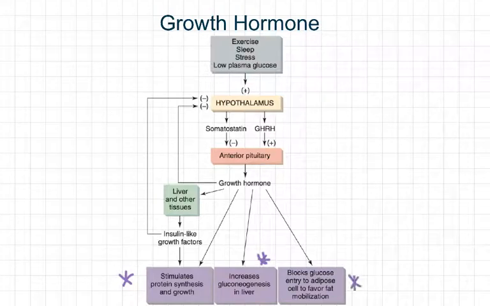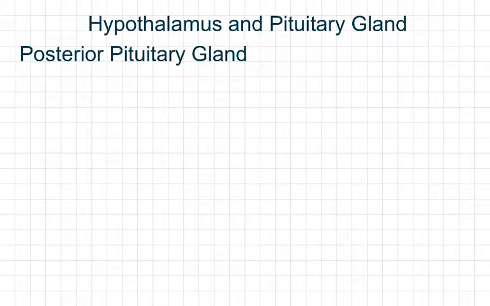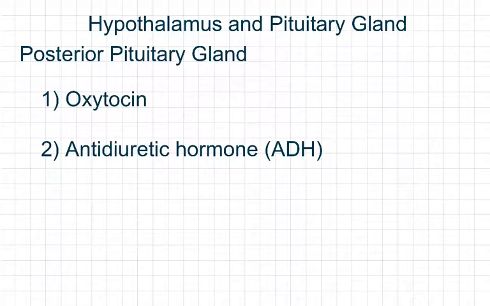Now moving along in our discussion, let's focus on the posterior pituitary gland. The posterior pituitary gland has 2 hormones. These hormones are oxytocin and antidiuretic hormone, or ADH.